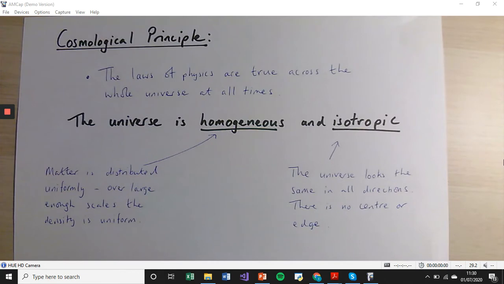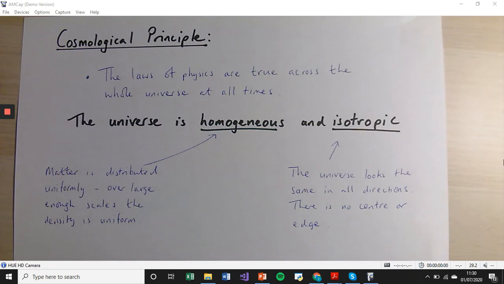The cosmological principle is the idea that when we come up with these laws of physics, it's not just limited to what goes on Earth. We can apply them anywhere in the universe at any time. So when we say a law of physics, like the conservation of momentum or Newton's first law, we are assuming that those laws are true across the whole universe.